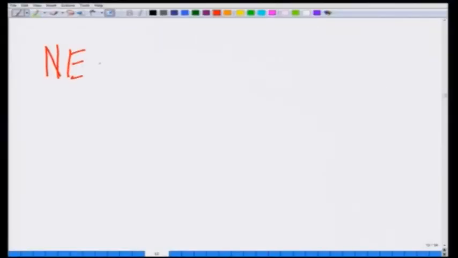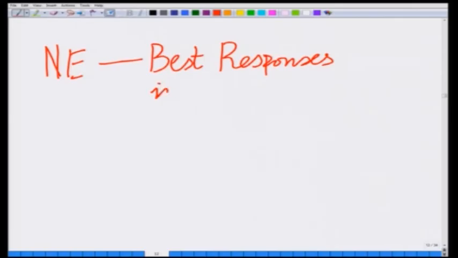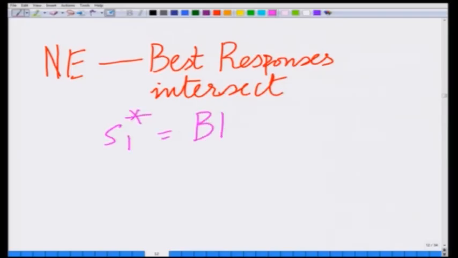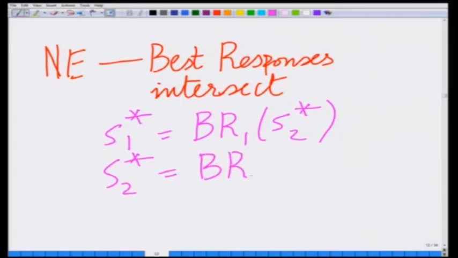Therefore, the Nash equilibrium NE is where the best responses intersect, that is, S1 star is best response 1 of S2 star and S2 star equals best response 2 of S1 star. Each player is playing his best response, and that characterizes the Nash equilibrium.